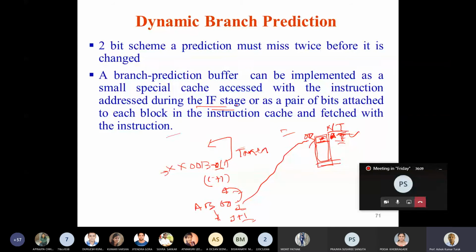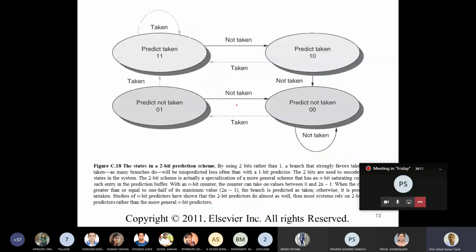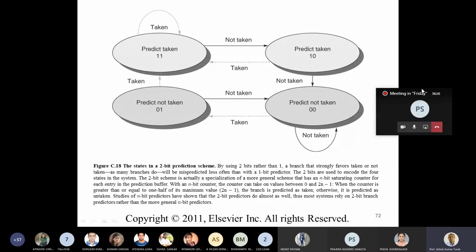So let's look at how the 2-bit scheme works. The 2-bit scheme is actually a specialization of a general scheme, the n-bit saturating counter, with an entry in each buffer.